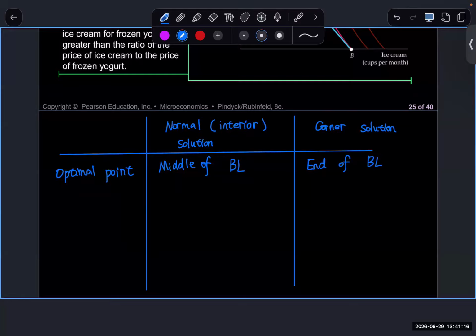And what kind of condition do we need? For normal, we need MRS equals the price ratio. But at the corner, what I just showed you, MRS is greater than the price ratio.